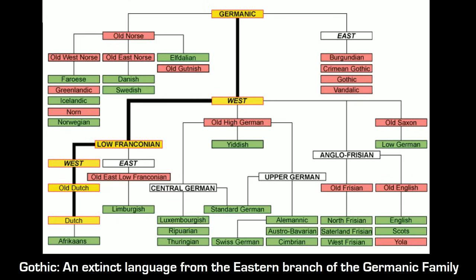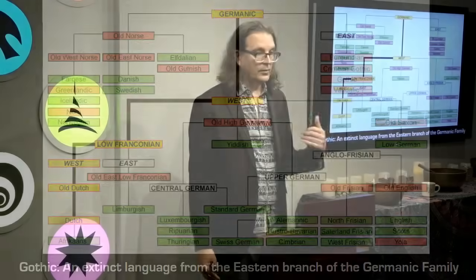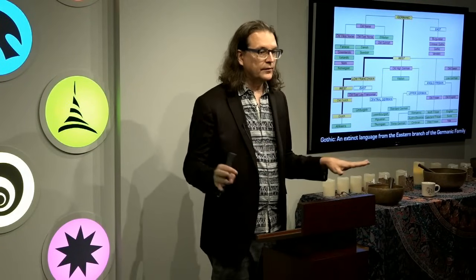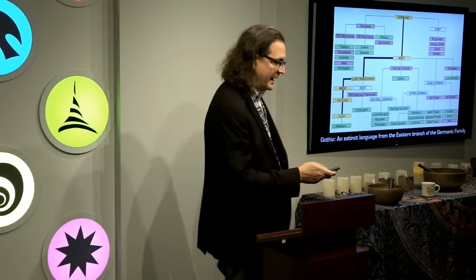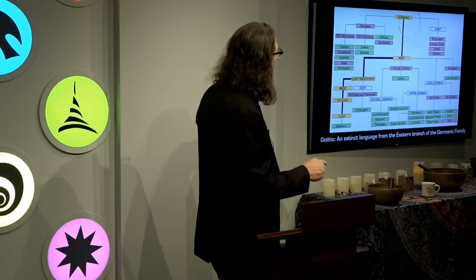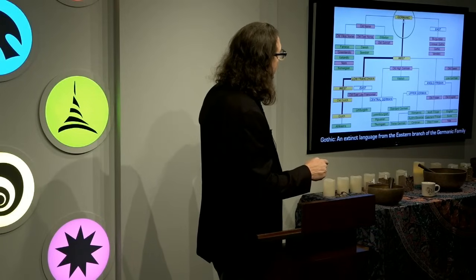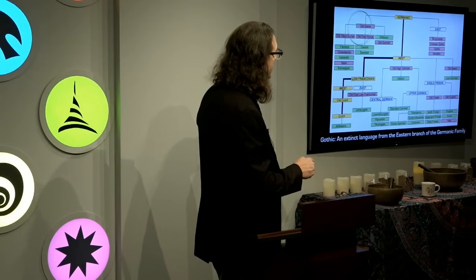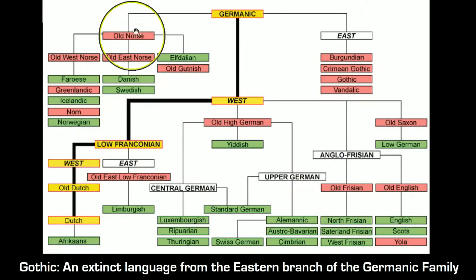Likewise, the Old Germanic or Proto-Germanic language ultimately evolved into plenty of other different Germanic languages. And so if we start at the original Old Germanic, then that splits into what linguists divide geographically into an eastern branch, a western branch, and a northern branch. The northern branch, Northern Germanic, is called Old Norse.